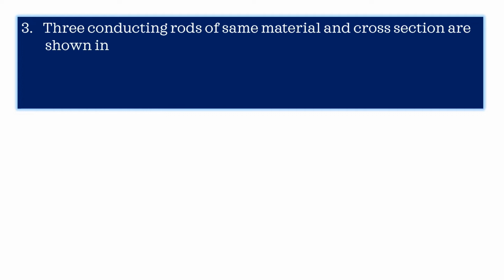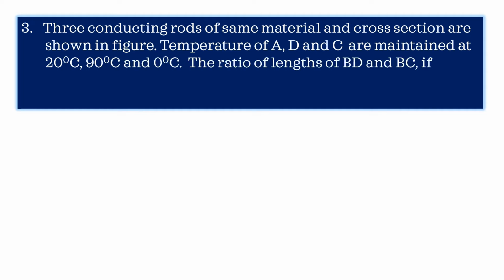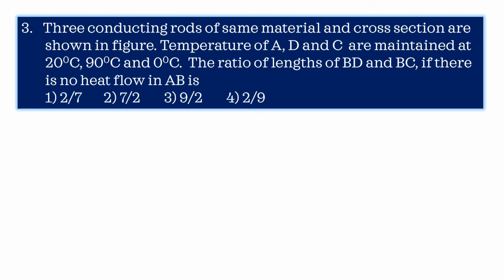This question: three conducting rods of same material and cross section are as shown in figure. Temperature of A, D and C are maintained at 20 degree centigrade, 90 degree centigrade and 0 degree centigrade. So the ratio of lengths of BD and BC if there is no heat flow in AB.